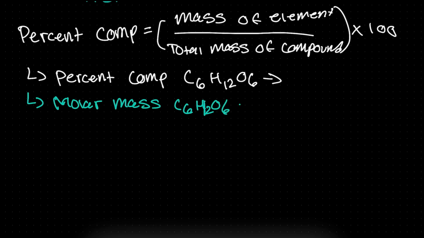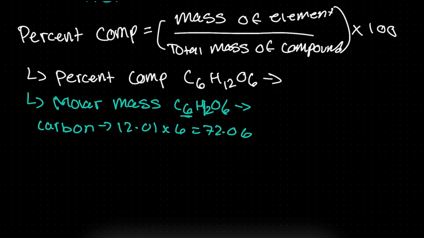So how would we find that? Well, we would do carbon, right? What is carbon's? 12.01. Well, let's see. C6. So you multiply this by 6, and you get 72.06 grams per mole, right?